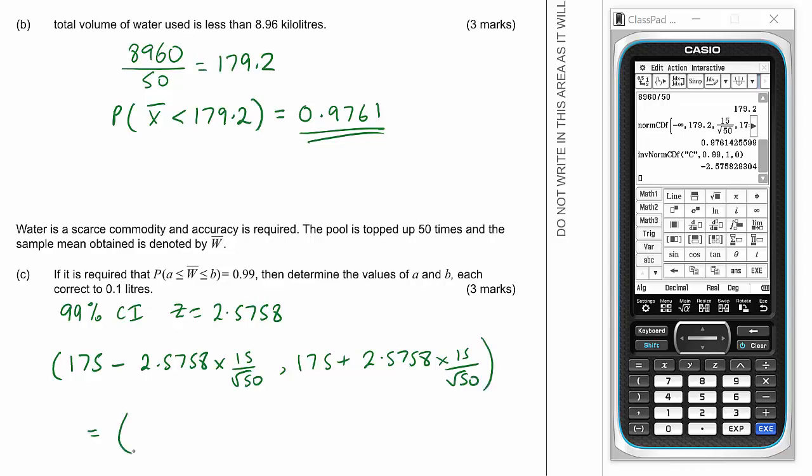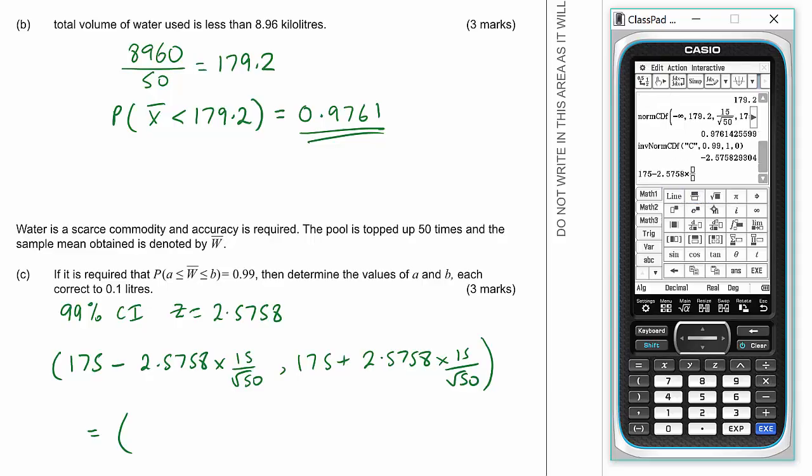So let's see what that gives us. So we've got 175, take away 2.5758 multiplied by 15 over root 50.